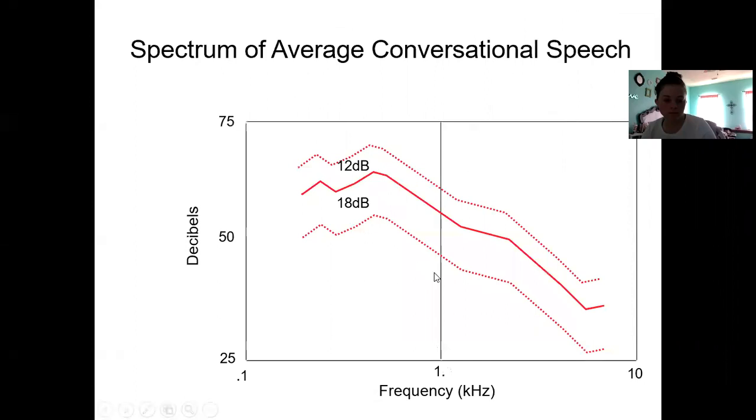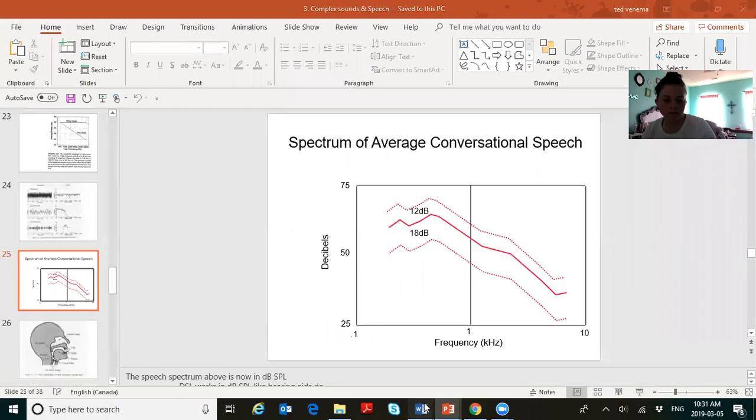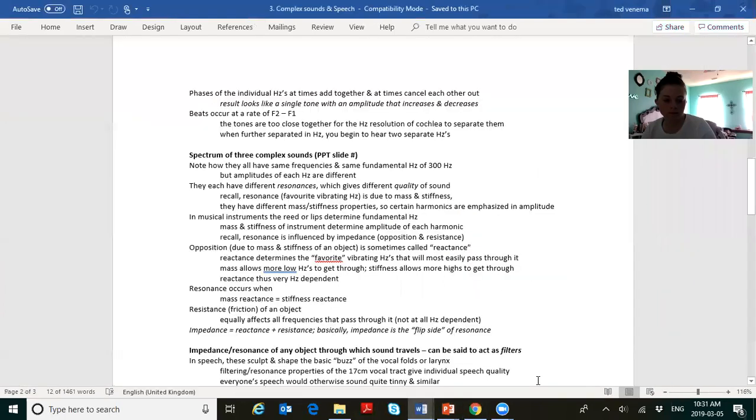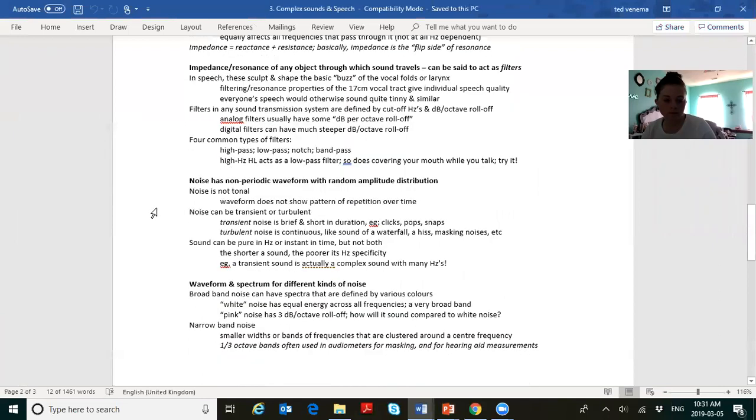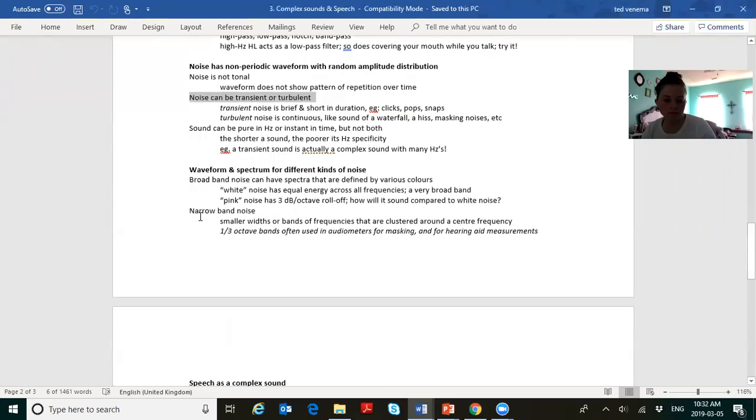And last of all, in our notes, we covered transient noise versus turbulent noise. Right here. Underline that. And then we bring it to speech. Do know what broadband and narrowband noise is. You've got broadband noise: white noise, pink noise.